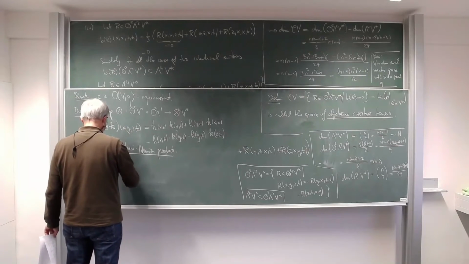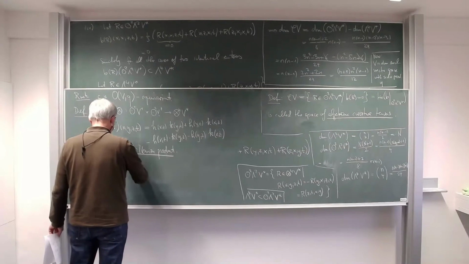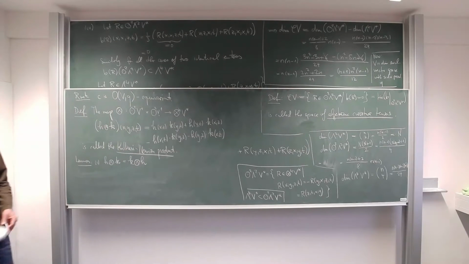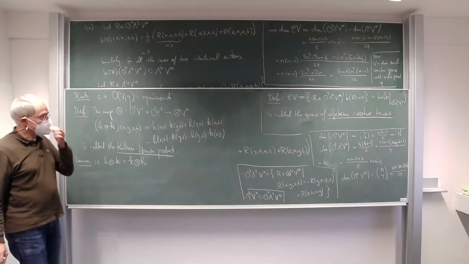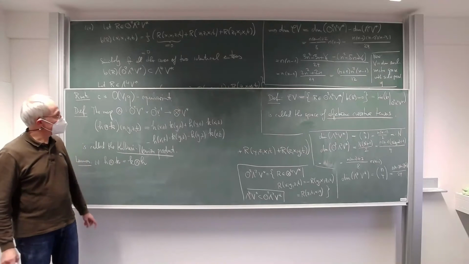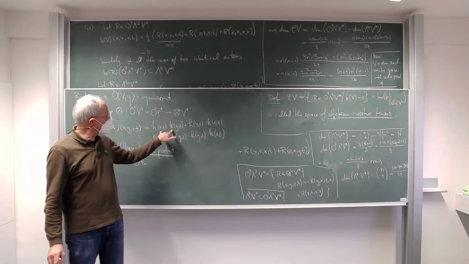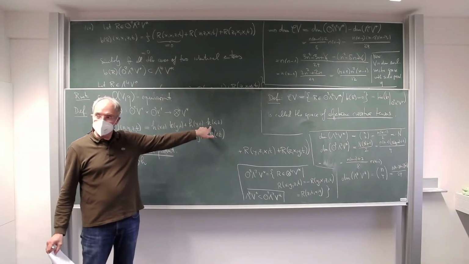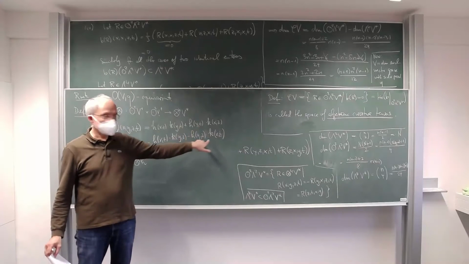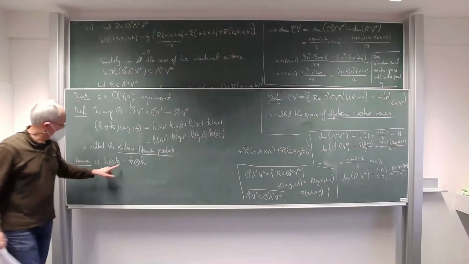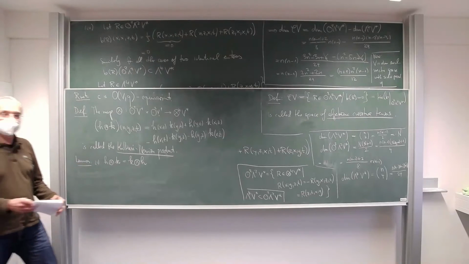So the Kulkarni-Nomizu product of H and K is the same thing as the product of K and H. Well, what happens if we interchange H and K? If we interchange H and K, then this first term gets interchanged with that term, and this term gets interchanged with that term, and these have equal signs. So nothing changes here, so we have the symmetry, it's obvious.